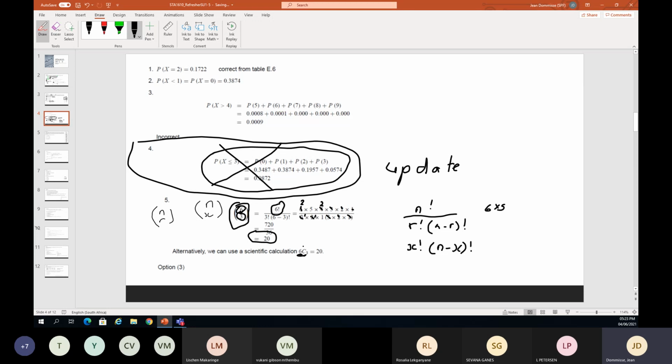Again, there was some chat on the WhatsApp this week about combinations and permutations. I think there was something in the assignment on that. So this is nearly referring back to that.